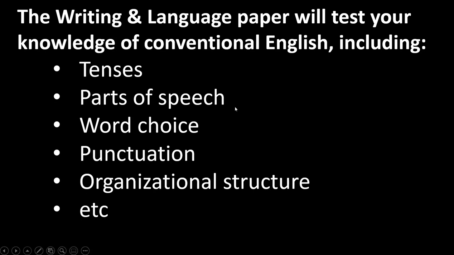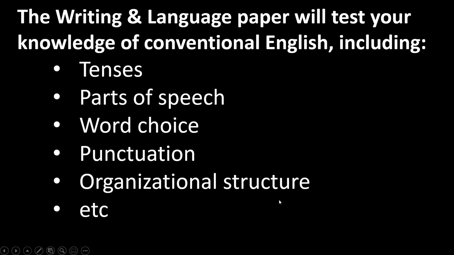There are also parts of speech, either to use a noun or an adjective or an adverb, depending on the paragraph, or the word choice, which one to use instead of the one given, and punctuation, which is very critical here in the SAT. You have to differentiate between the use of commas, periods, exclamation marks, semicolons, colons, and things like that. And also you need to see the organizational structure and other things, of course.